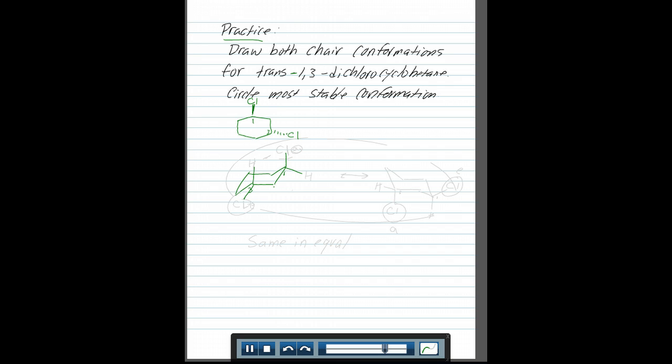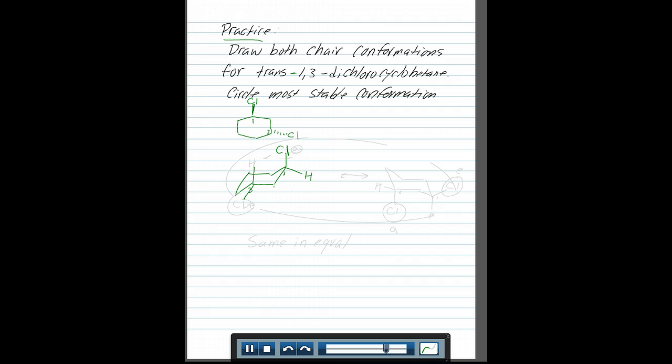I'm going to arbitrarily put a chlorine here and a hydrogen here. It doesn't matter if you put the chlorine with a hydrogen here, as long as the other chlorine is trans to that chlorine. That's the important part. That's why I said that axial and equatorial have nothing to do with cis and trans.